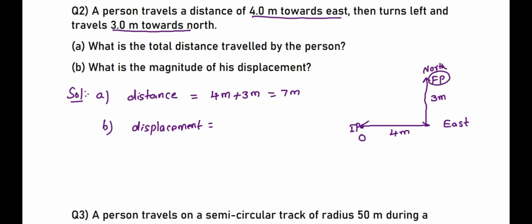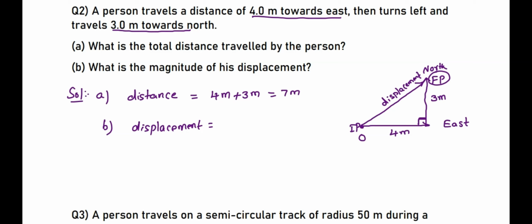So this shortest distance is like this. This is nothing but displacement. From trigonometry, you have studied right angle triangles. This will form a right angle triangle.